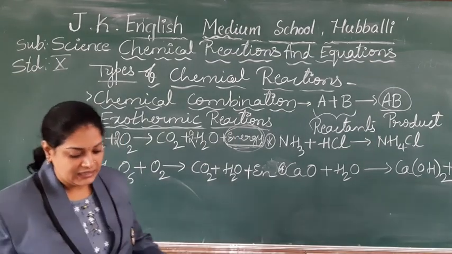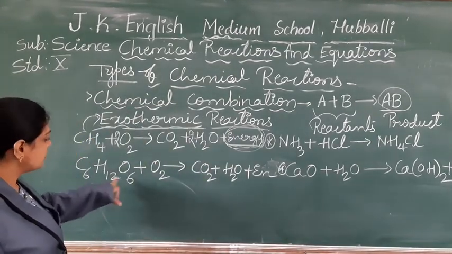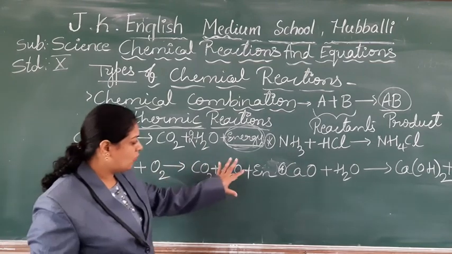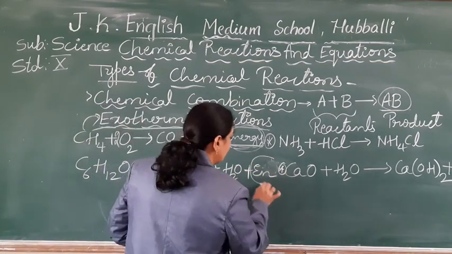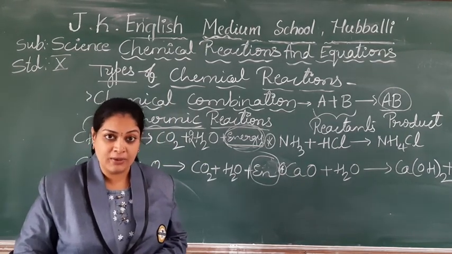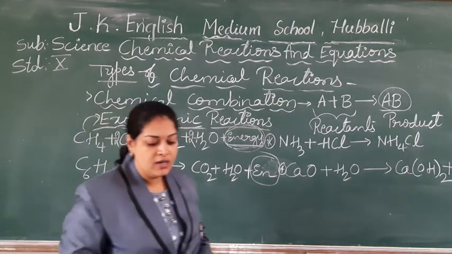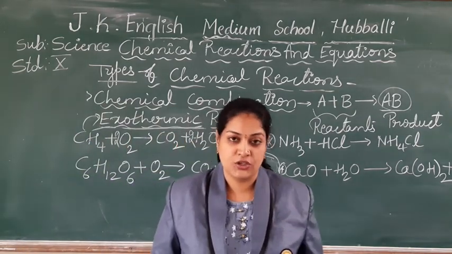Right? Balance the equation yourself afterwards, students. So glucose plus oxygen gives products, okay, but in the end what are we going to concentrate on? Energy liberates out. Our respiration process is also an example for exothermic reaction.